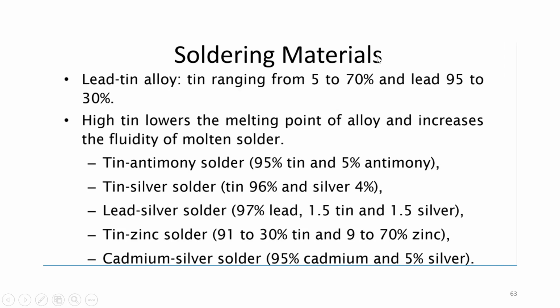Now these are some soldering materials. First is lead tin alloy. Here tin can range from 5 to 70% and lead can range from 95 to 30%. High tin lowers the melting point of the alloy and increases the fluidity of the molten solder.